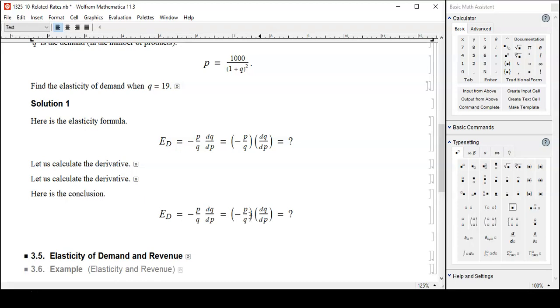Here's a conclusion, and then this is 2.5, and then that's 19, and then this is 84, right?